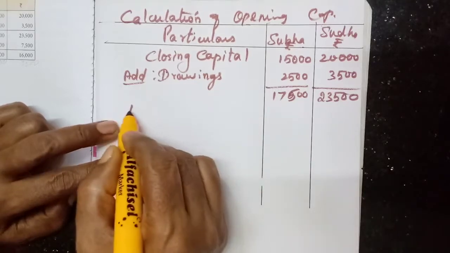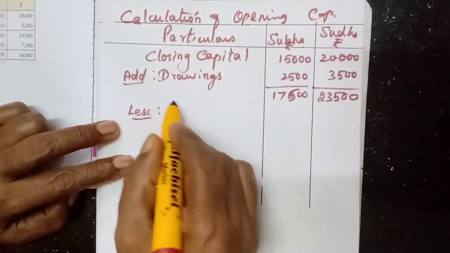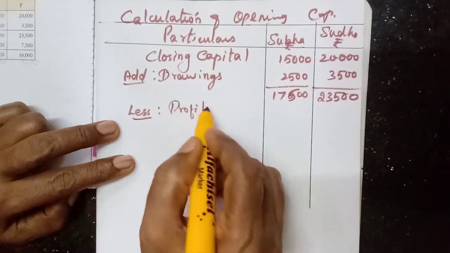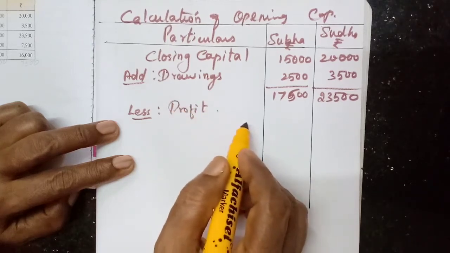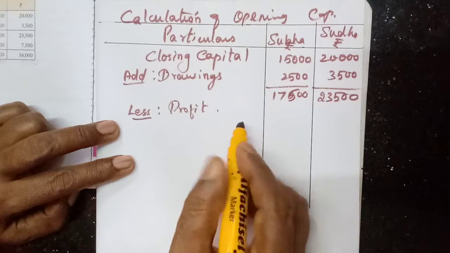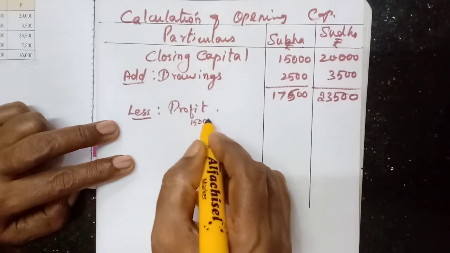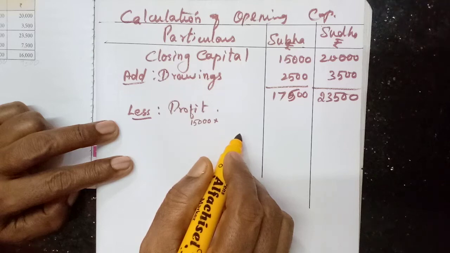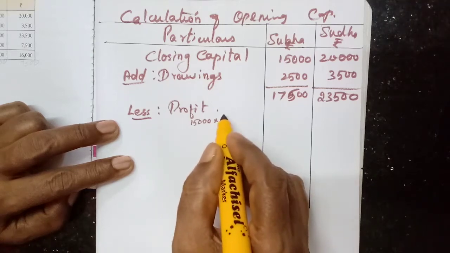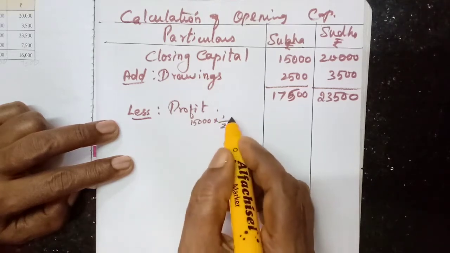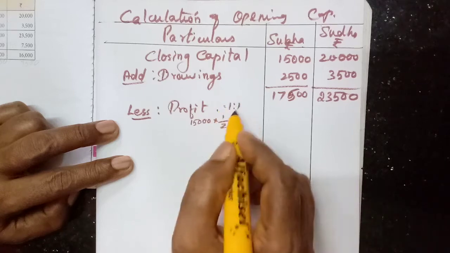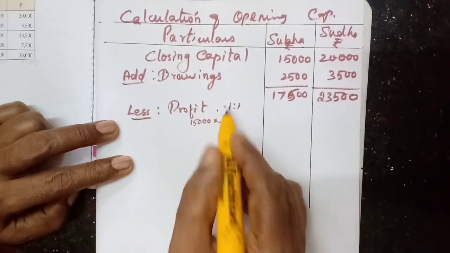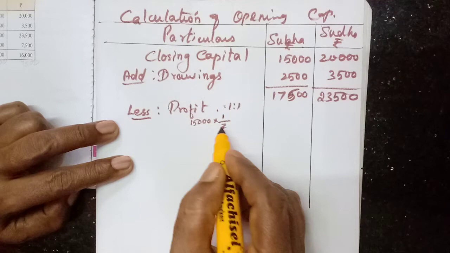Okay, less profit. How much is the profit? 15,000, isn't it? 15,000 together they have given. Now what is the profit sharing ratio? Equally. So how do we divide? 1:1, isn't it? 1 plus 1, 2.